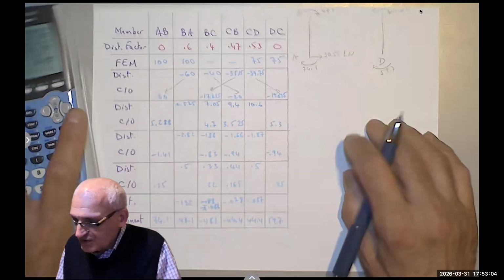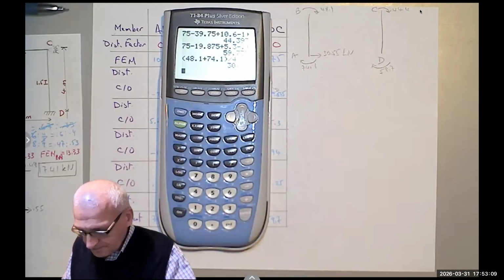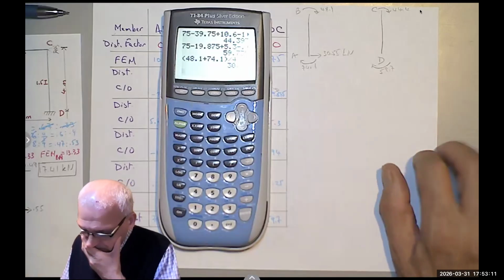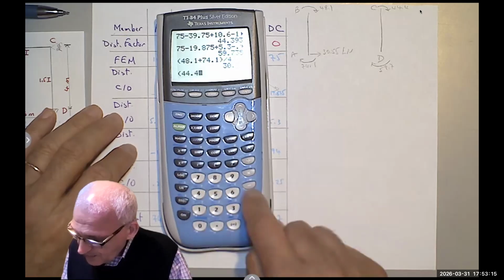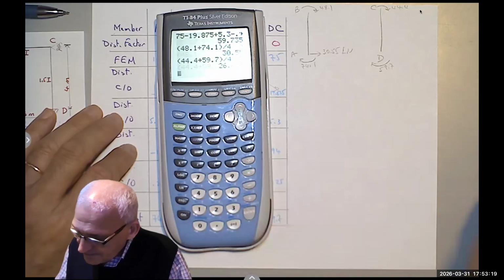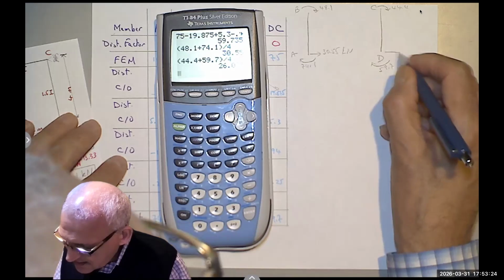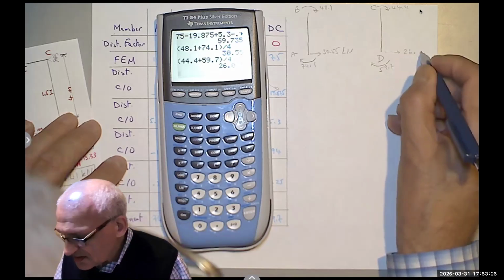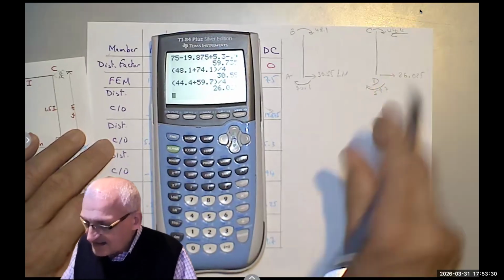Both are positive, so I'm going to add them again. Okay, so between parentheses, I'm going to say 44.4 plus 59.7 divided by 4. And again, this is 26.025.